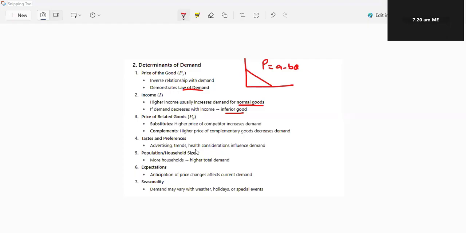Okay. The other determinant is the population. We know that the more population we have, the higher the what? The higher the demand. So more households, more demand. Then also anticipations. When people are expecting prices to go up, people demand more now to enjoy the current price. And seasonality means that demand will vary with weather and holidays.